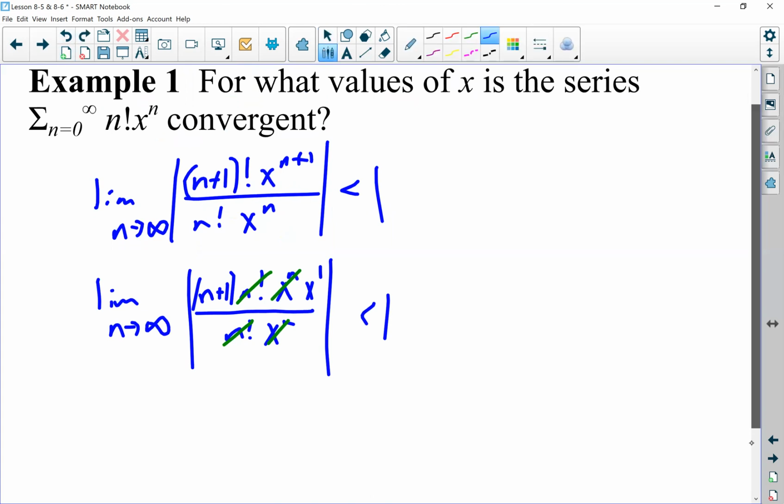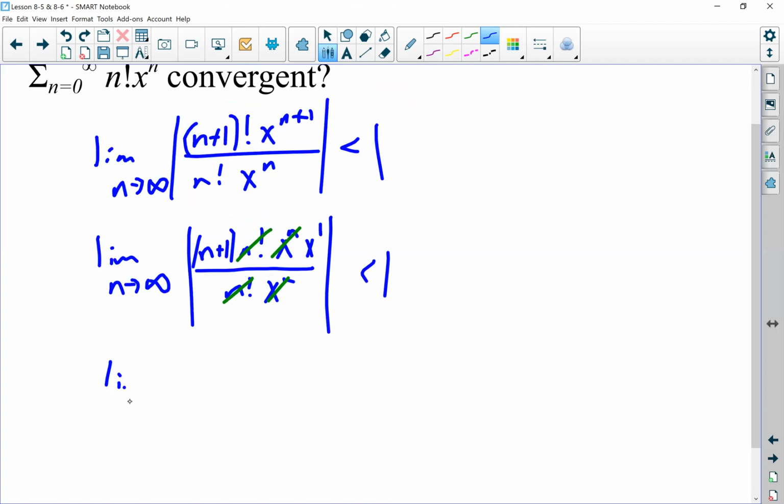So we end up with the limit as n approaches infinity of the absolute value of n plus 1 times x.